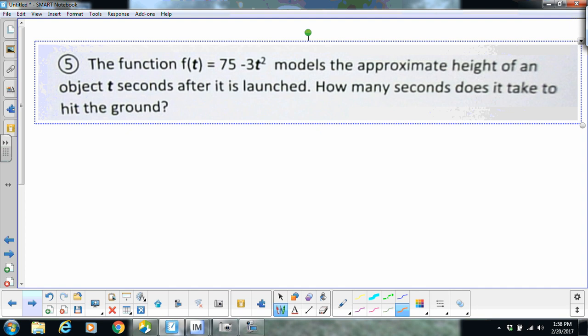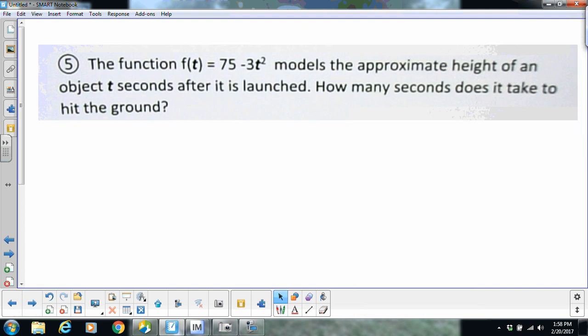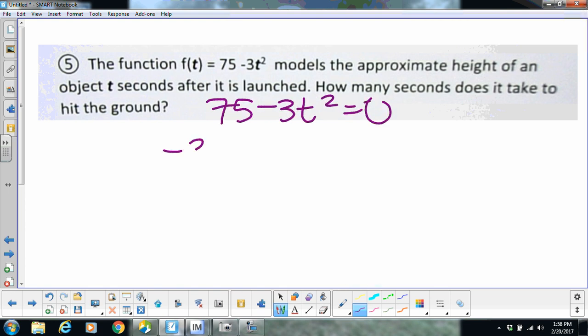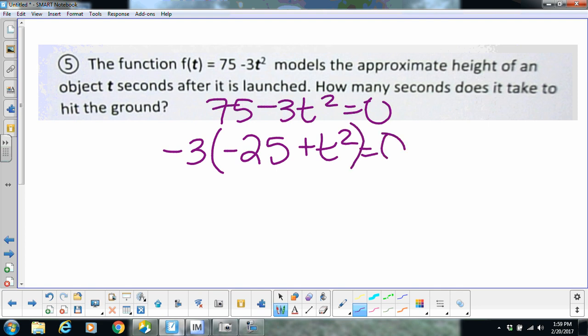Okay, same thing for problem number 5. We are going to factor out our GCF first. Okay, and I'm going to notice that this is kind of backwards from what I'm used to.